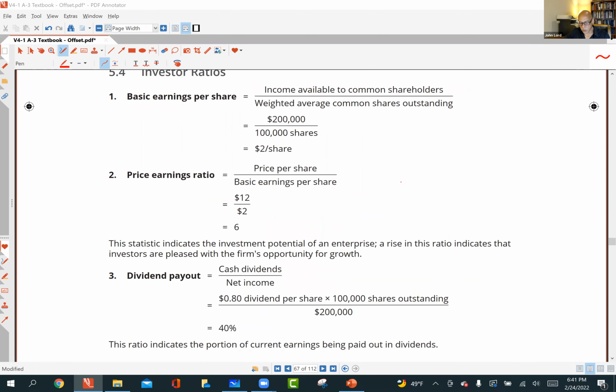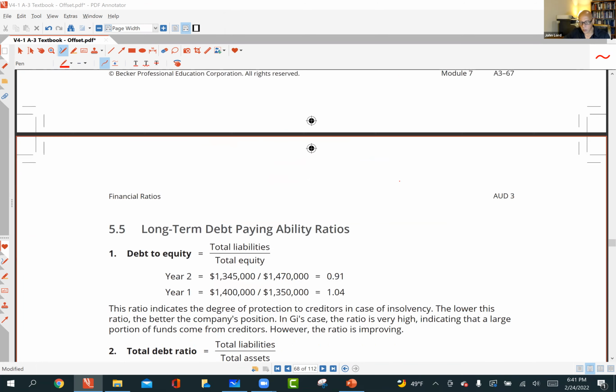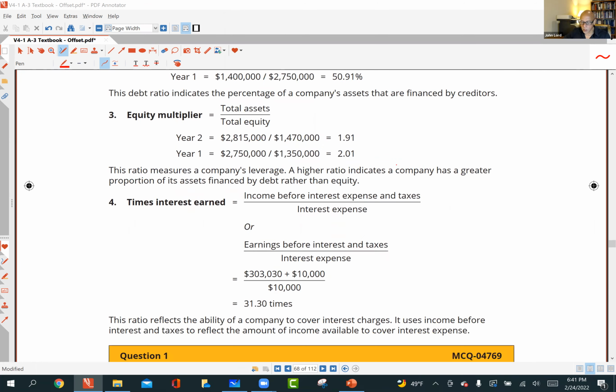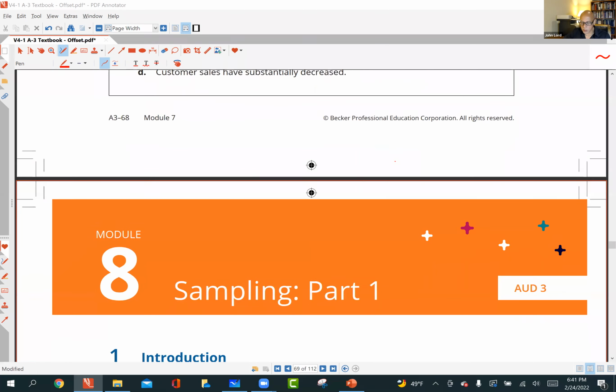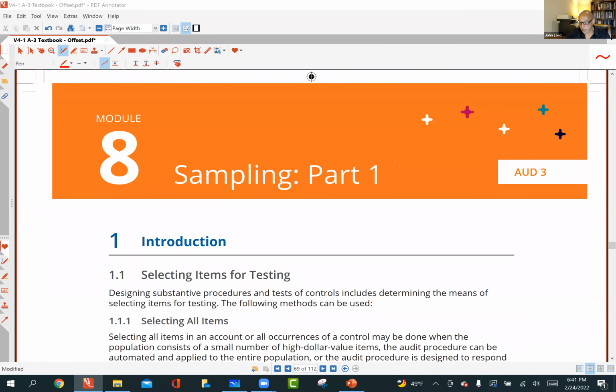Okay, good. Let's take the break right now, and we will come back and pick up Module 8 on sampling, part 1. Modules 8 and 9 are parts 1 and 2 of sampling.